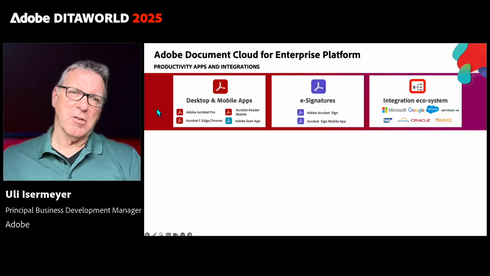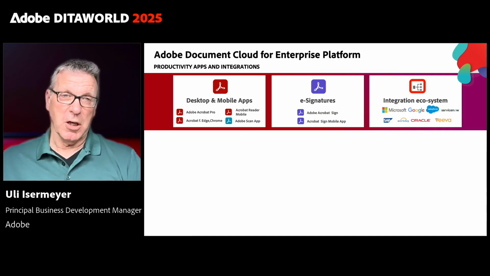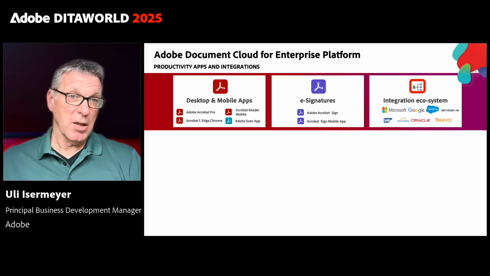But we have also some web services. There is, in the meanwhile, Acrobat for Edge and Chrome as a plugin available. And of course, for the mobile devices, we have the Adobe Acrobat Reader Mobile. Also, we have some other apps like the Adobe Scan app where you can scan paper and then you have an OCR immediately and can file that and have it available in the Acrobat or in the Reader.